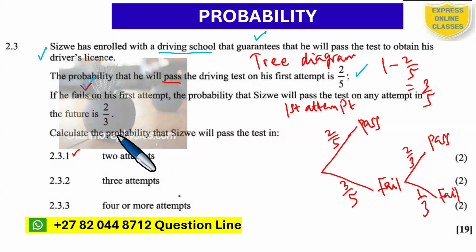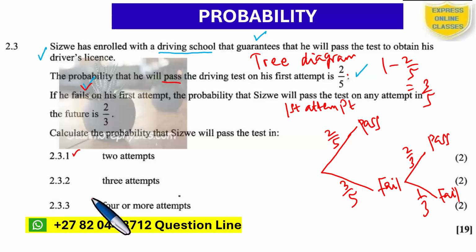The probability that Sizwe will pass the test in 2 attempts, that is what we want. What is the probability that Sizwe will pass the test in 2 attempts? Right, so we will analyze that together.